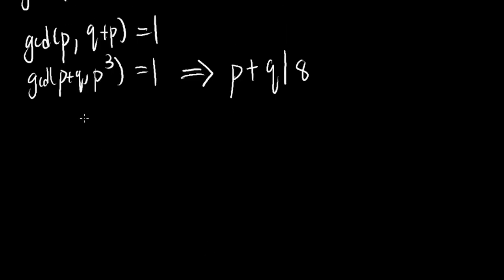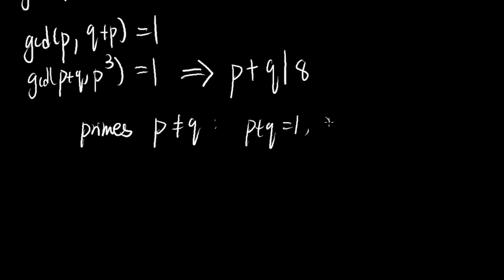And when p plus q divides 8, we can simply test the primes, and p is not equal to q. So p plus q can be 1, 2, 4, 8, but they are greater than 1, so they cannot be 1, and p and q cannot be both 1 because 1 is not a prime, and p does not equal q, so p and q cannot be both 2, so it cannot be 4, and the final choice left is 8.